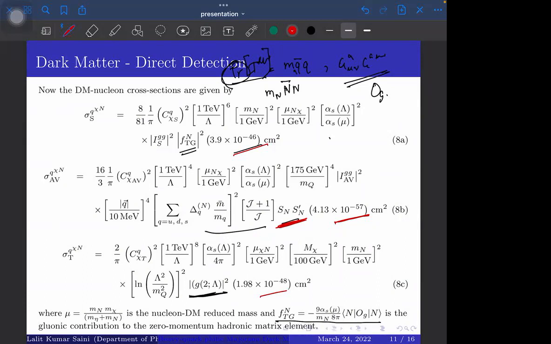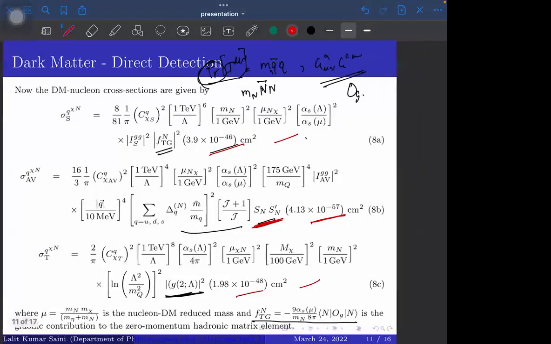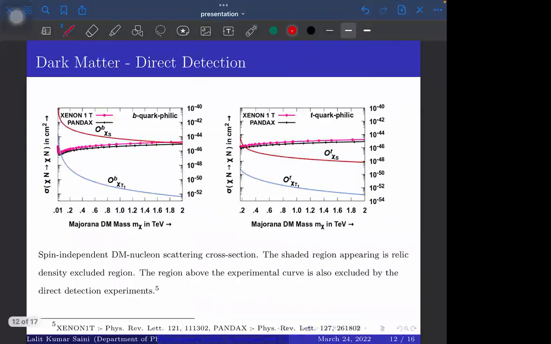What we can constrain are the scalar and the twist interactions. For an experiment, the cross section value is around 10⁻⁴⁷ centimeter square. From Xenon 1T and PandaX, these are the lines I have constrained, for the bottom-philic and top-philic scalar operator cases.